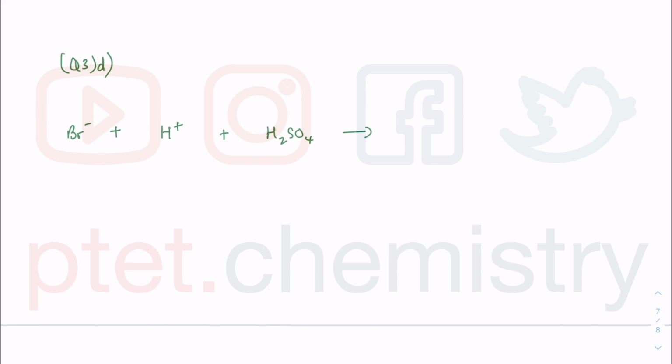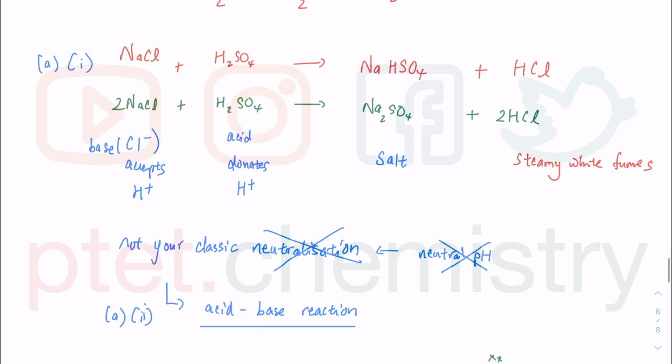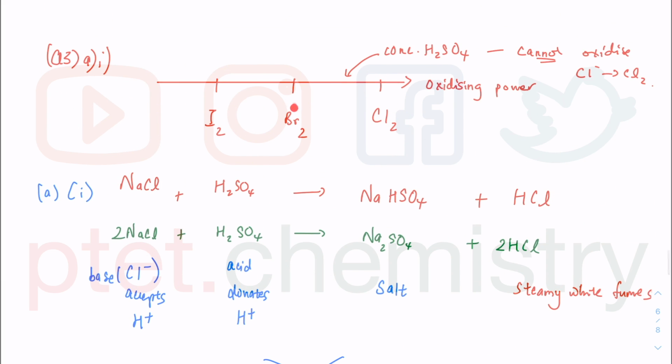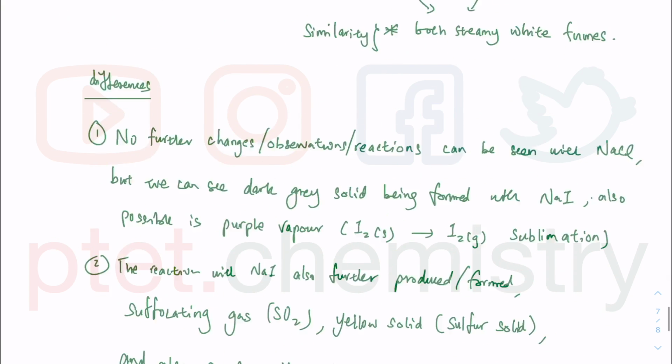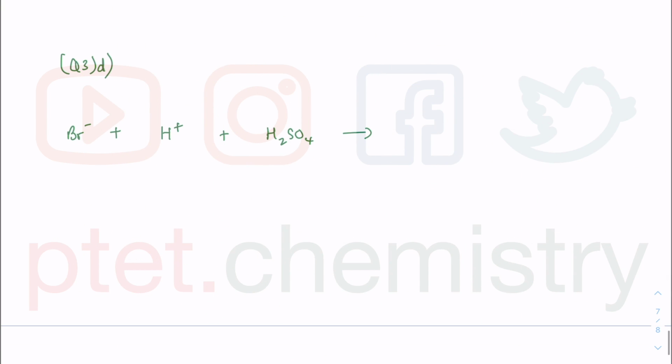We know that concentrated sulfuric acid can oxidize bromide to bromine, but what you might not know is it will stop at sulfur plus 4, which is SO2. With iodide, it goes all the way to sulfur minus 2 in H2S. With bromide, it goes to sulfur plus 4 only. So you will get Br2, you will get SO2, and you will get H2O.